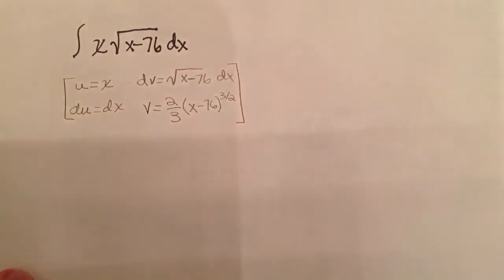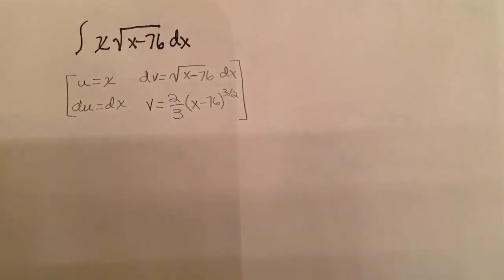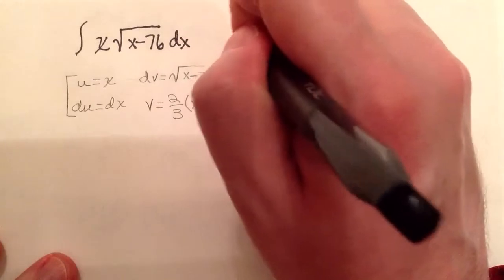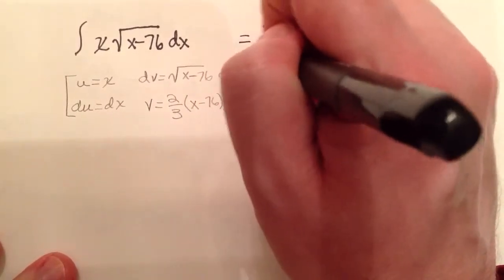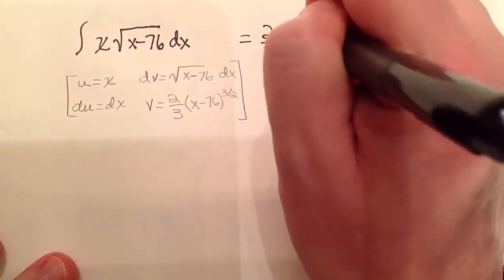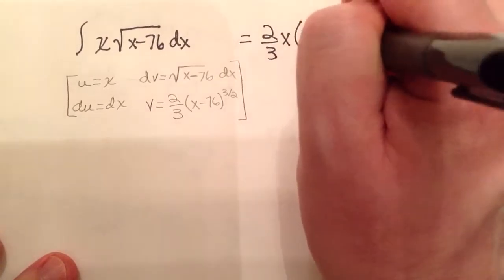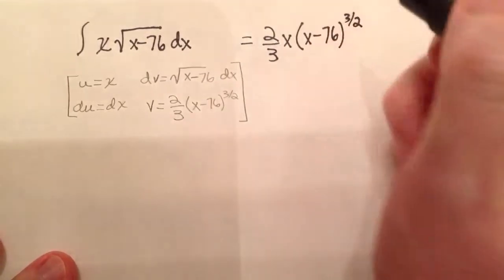And so in carrying out u times v, we have 2/3 of x times the quantity x minus 76 to the 3/2.